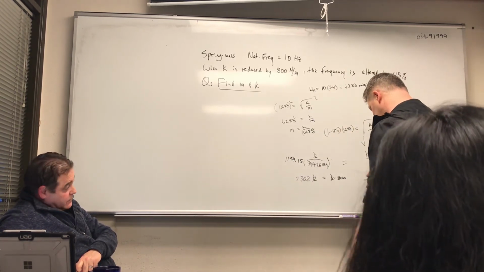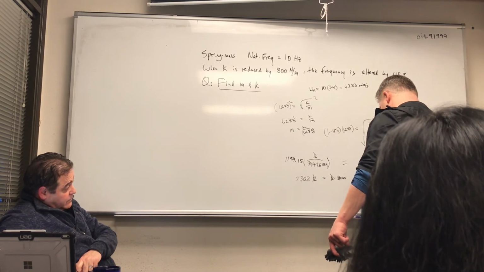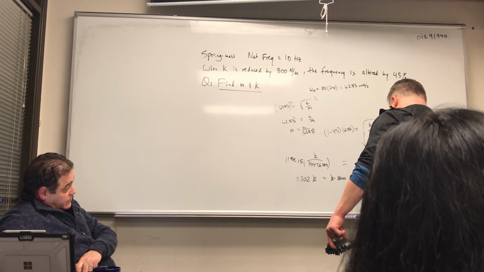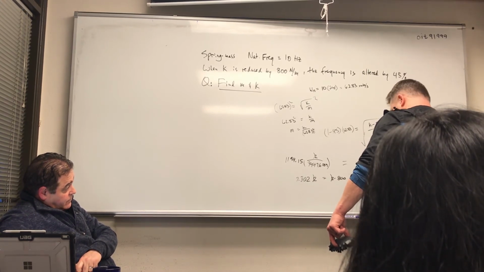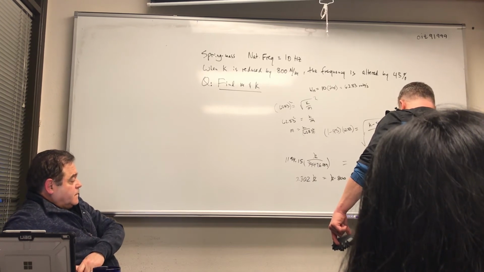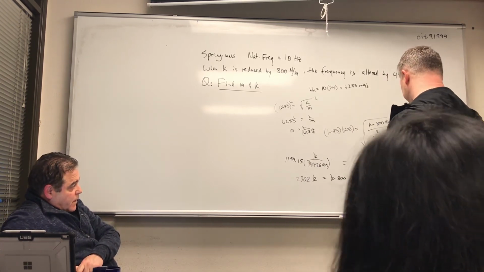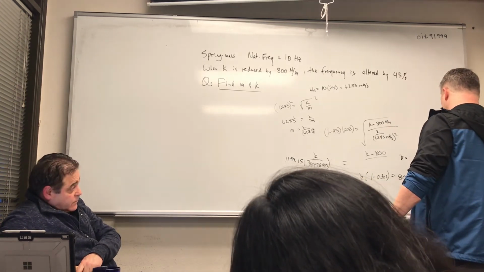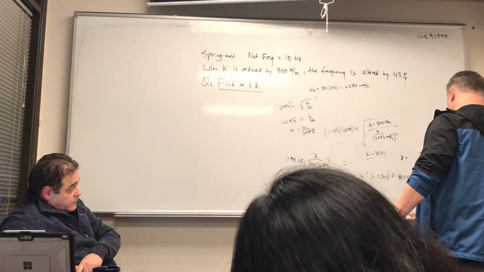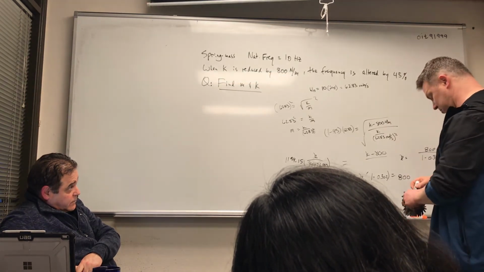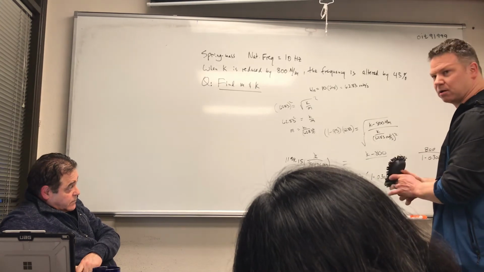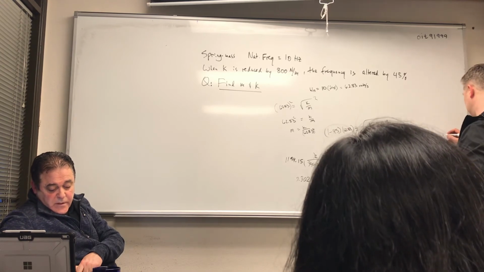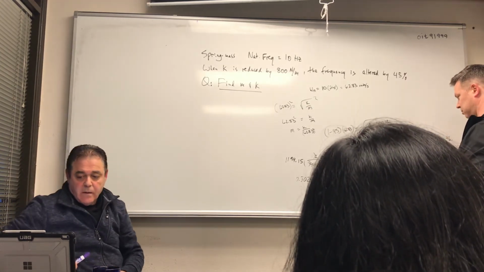So we say K times 1 minus 0.302 equals 800. So K equals 800 over 1 minus 0.302. Boom. And we're right back to 1,146.13. Yeah, that's about right. Point what? 13.